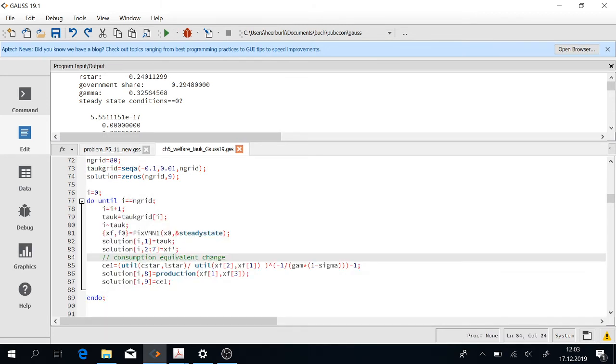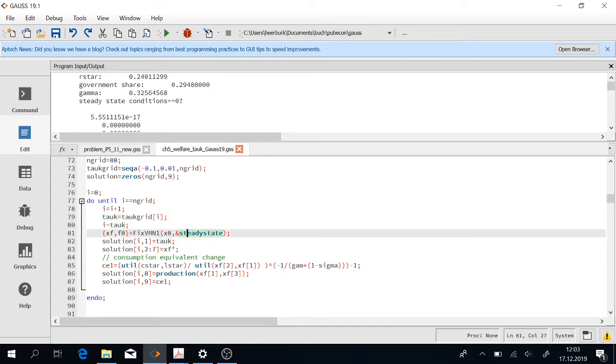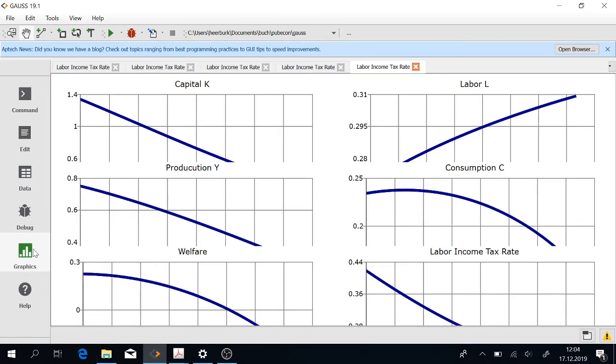So we supply a new value of our capital income tax rate, compute the solution to our nonlinear equation system with the help of the command fixvmn1, which computes the solution to the function stored in steady state, and store the value in the matrix solution, and display this solution in our figure.